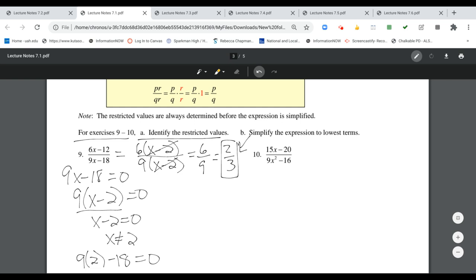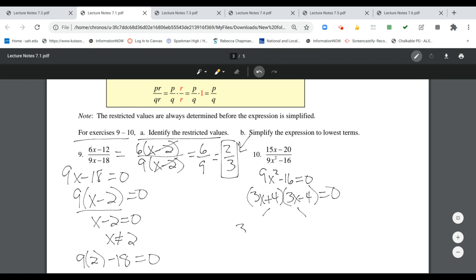All right, in number 10, we're going to identify the restricted value first. So I'm going to take 9x squared minus 16, set it equal to 0. I'm going to factor the conjugates because that is a difference of squares. So 3x plus 4 and 3x minus 4.